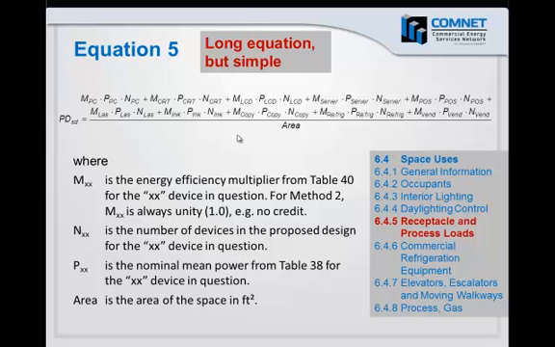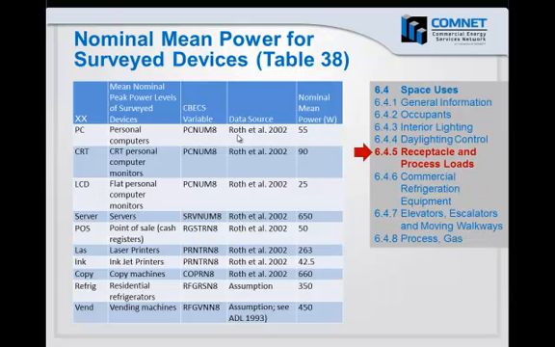N is the number of devices in question, and P is the power associated with each device, which is taken from Table 38 of COMNET. Table 38 of COMNET was also based on the work from NREL, and this shows the nominal mean power for various devices listed here: personal computers, CRT monitors, LCD monitors, servers, cash registers, laser printers, and so forth.